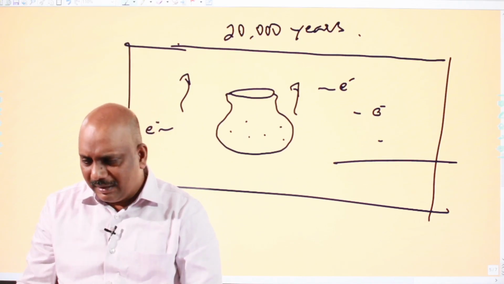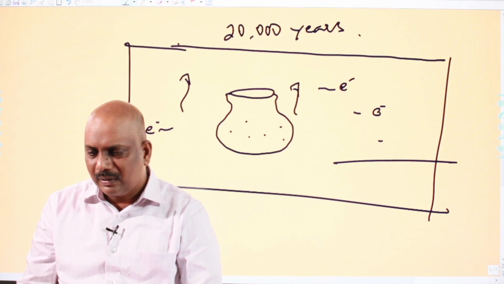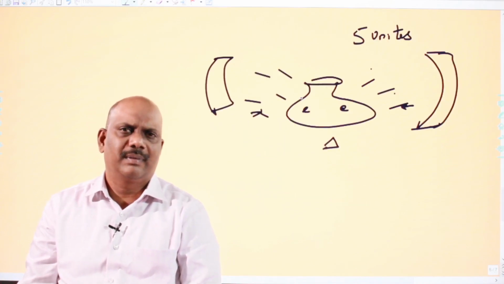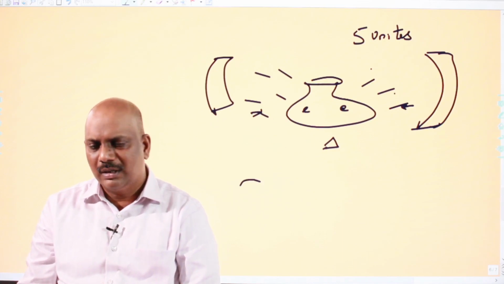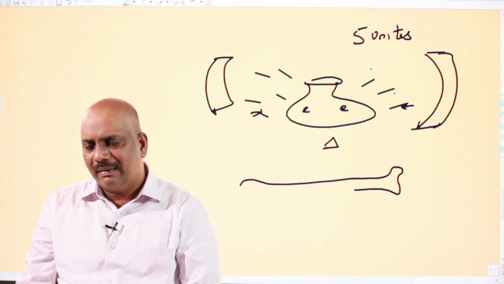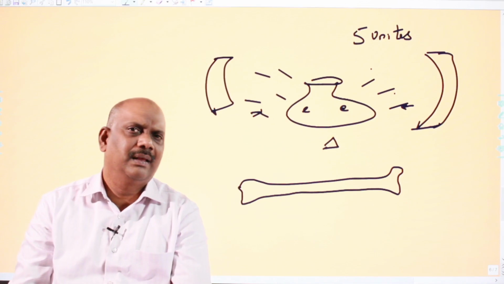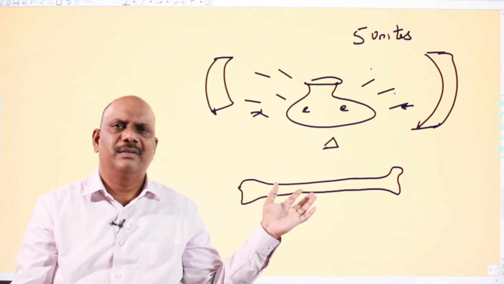But one problem here is we cannot use this technique to find the age of a fossil, because in most fossils we find only bones. Here we are using heat, and if we expose a bone to heat, it will get charred.